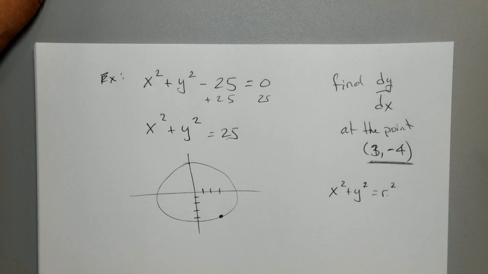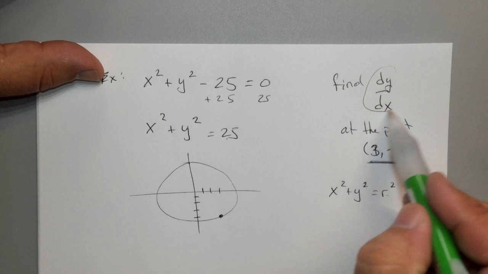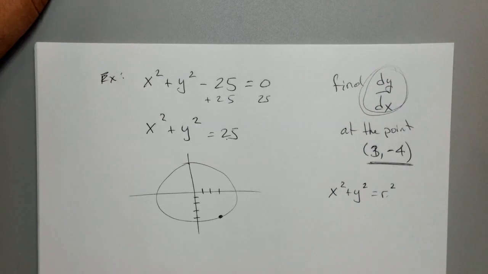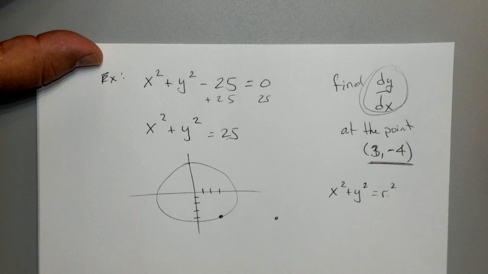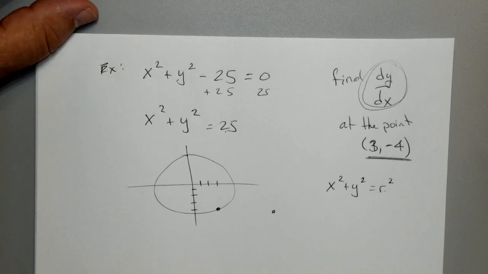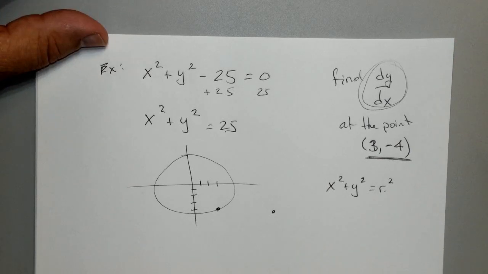This is a theory question. It has to do with this. If it's not on the graph, if it's just a point out here, what's the slope of the line going through that point?